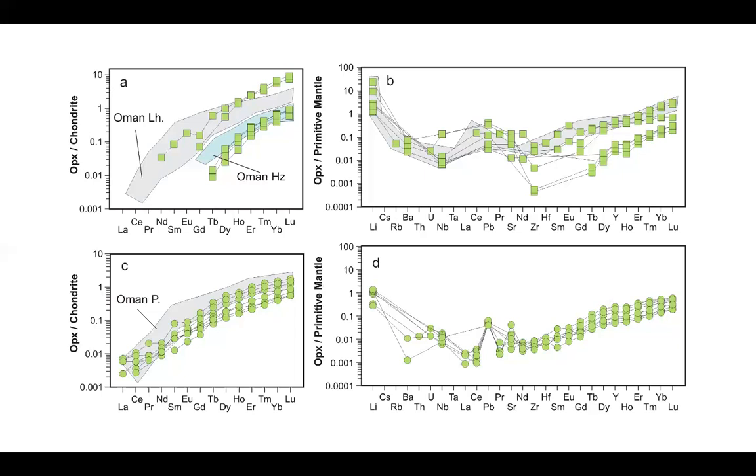Primitive mantle normalized multi-element composition of orthopyroxenes shows positive anomalies of fluid mobile elements. Here we can see Pb and Li, and low concentrations of Rb and Ti. They are below detection limits.